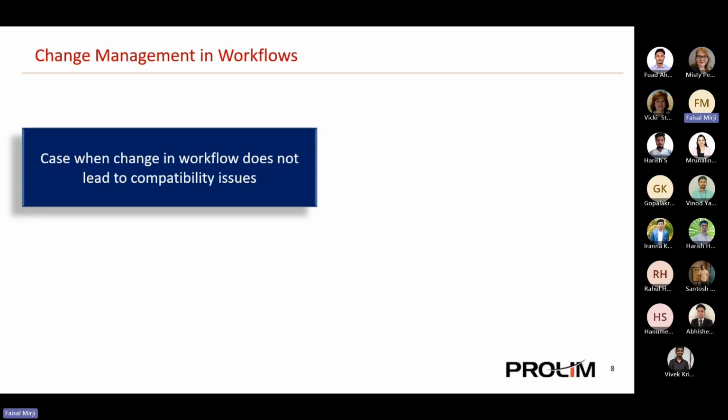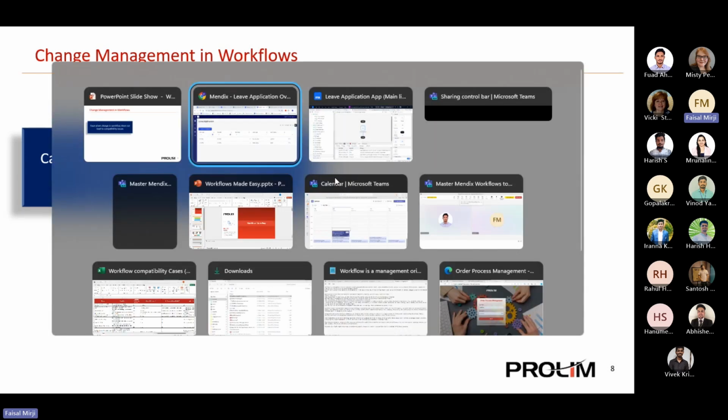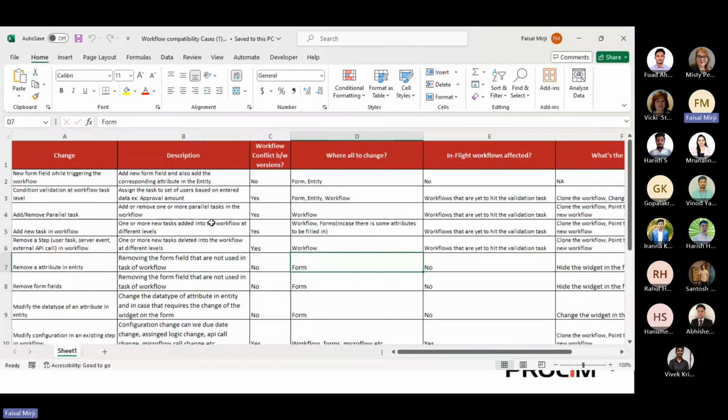In that case, the addition of those fields will not cause compatibility issues. There is a whole file with these cases: if any new form fields are added in the next step of the workflow, there won't be any compatibility issue, and in-flight workflows will not be affected.